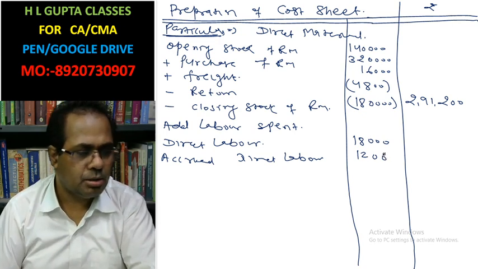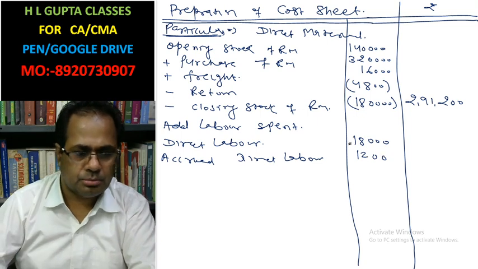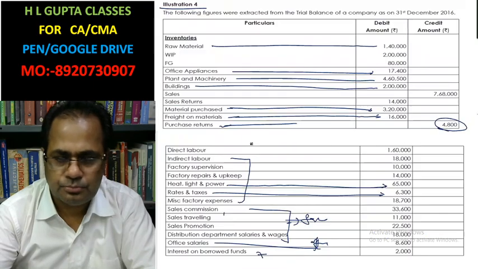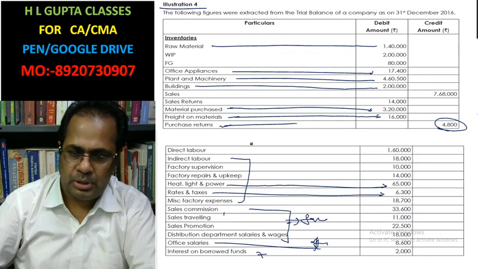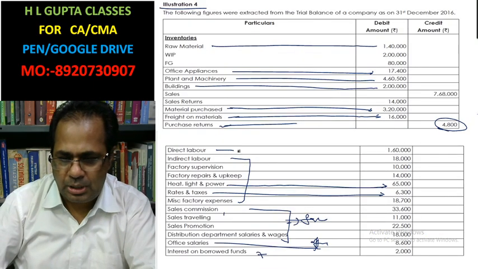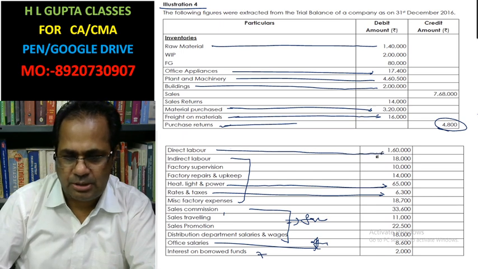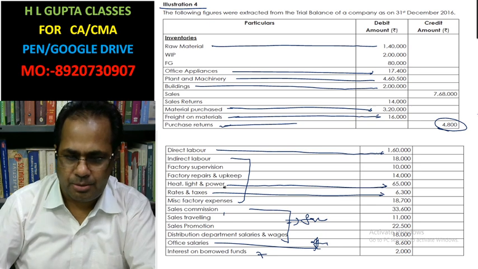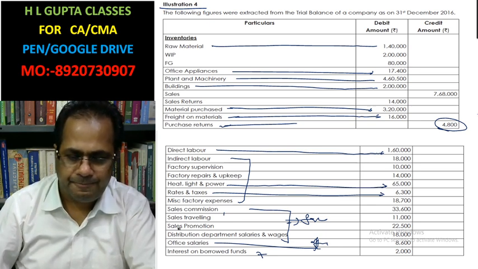Accrued, that is labor cost is direct labor 1,16,000, 60,000, and accrued labor, that is factory.